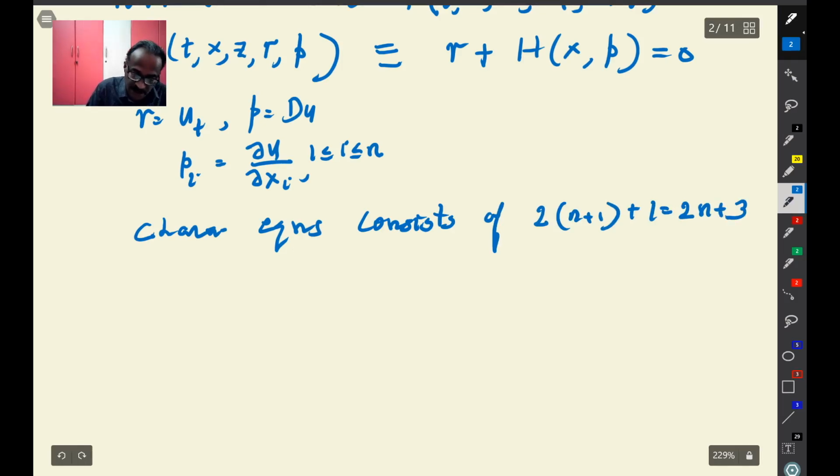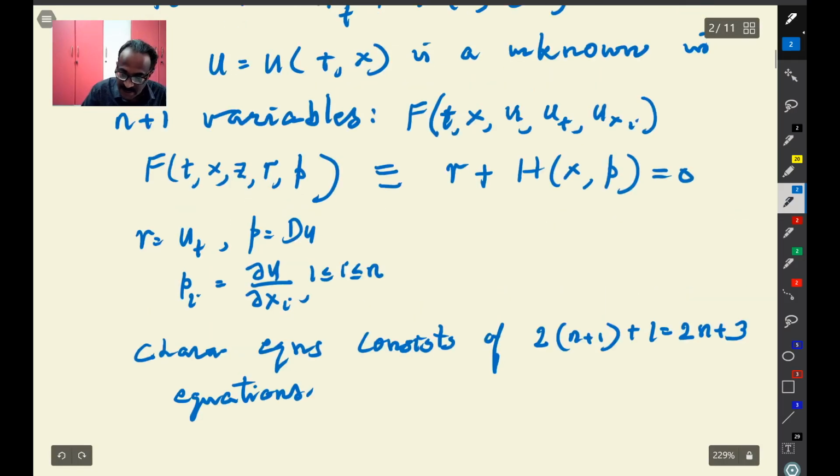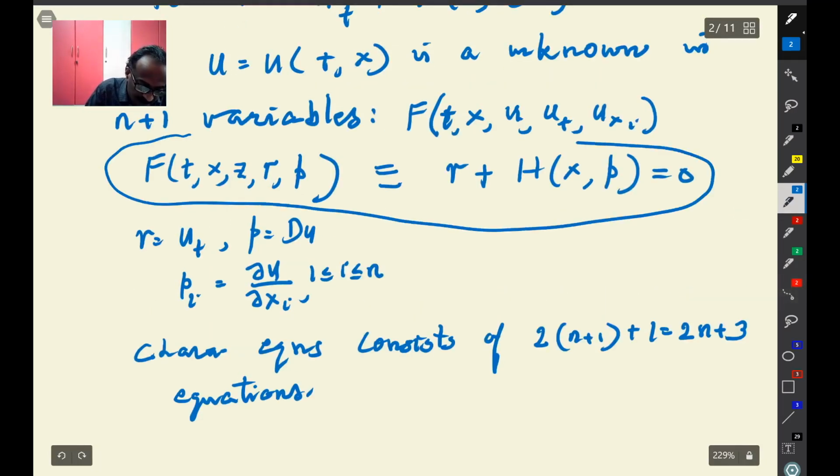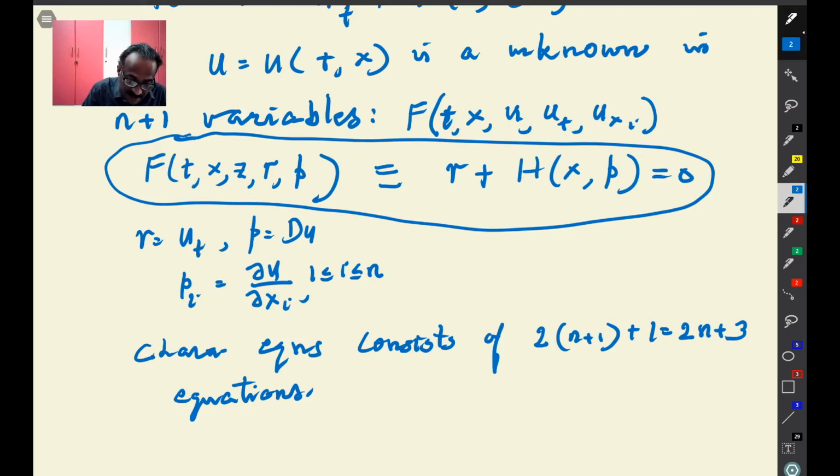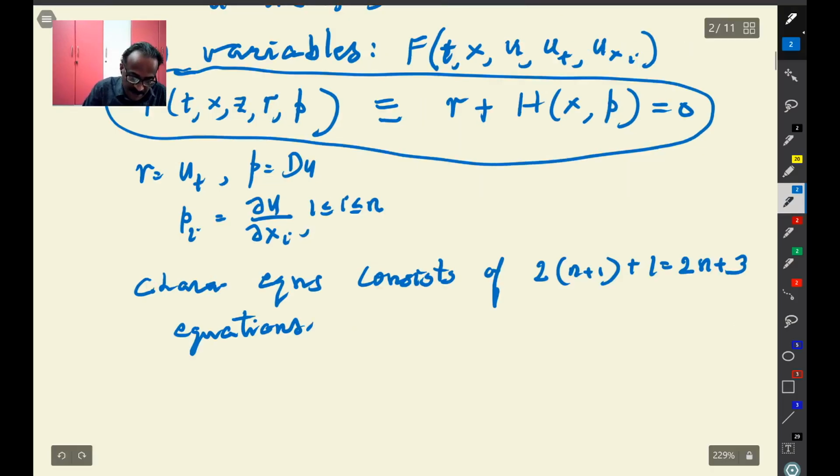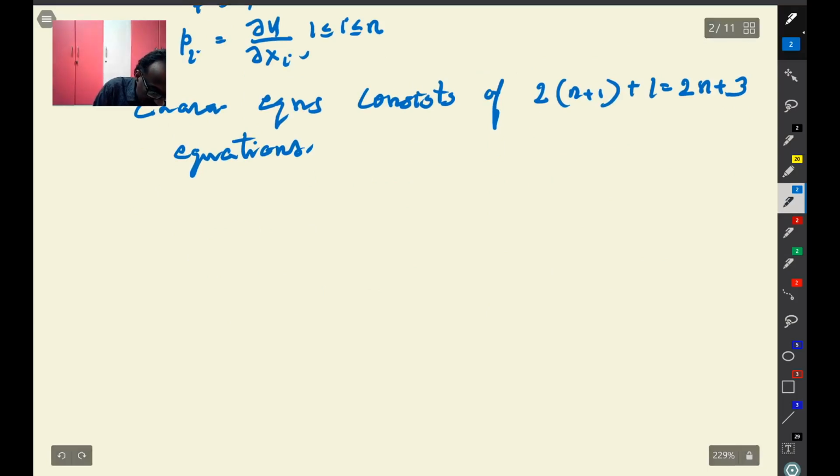A characteristic consists of 2n plus 3 equations. But this is not a very general second order equation. This is an equation in a very special form, hence you don't have the explicit dependence on all the variables. So I will leave it as a small exercise.